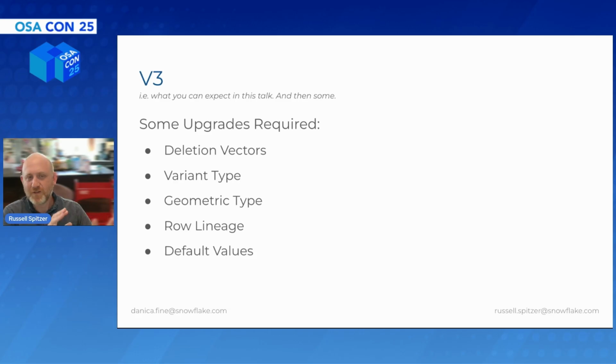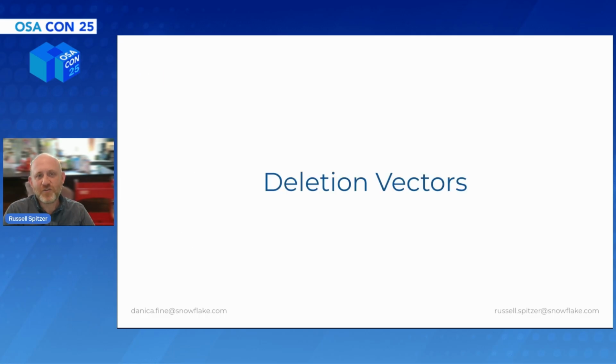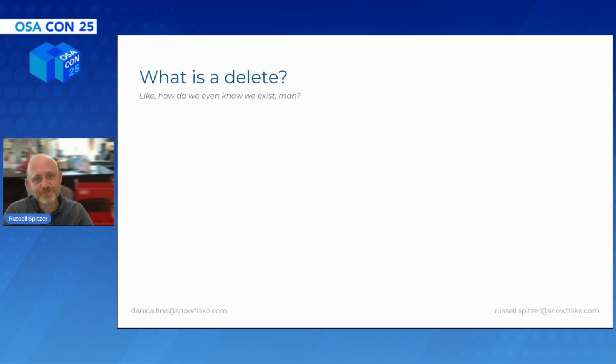It ends up being a little bit more complicated because of how Apache Iceberg tables are set up, but we basically have added some new concepts which let you put in default values for your tables, both at write time and for columns that have not previously existed in your table. So without further ado, let's go into deletion vectors and talk about why they're important and what changes in them will have effects on you and your use cases with Apache Iceberg.